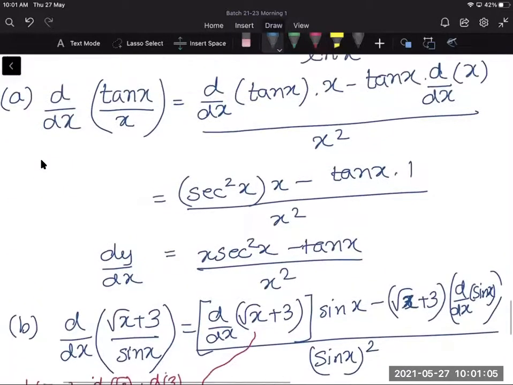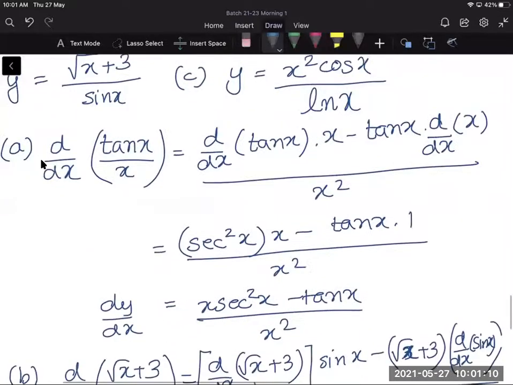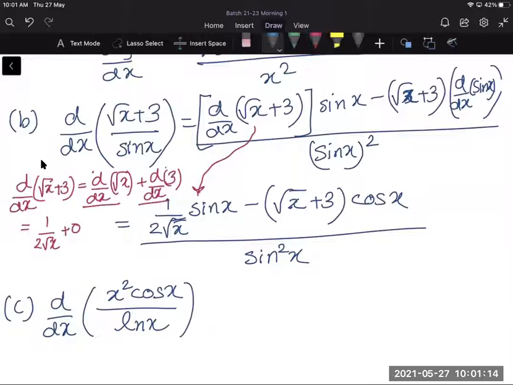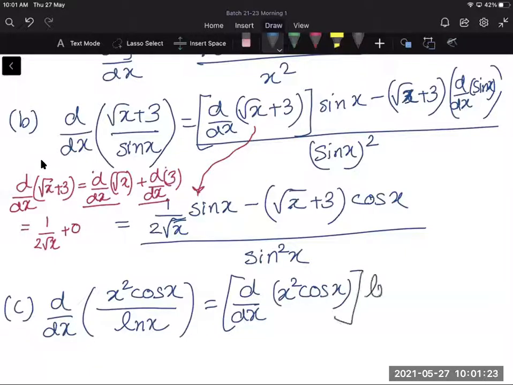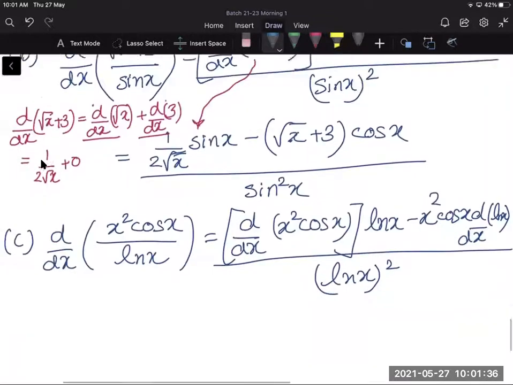थर्ड वाला dy dx of x square cosine x upon ln x is equal to d by dx of x square cosine x multiplied by ln x minus x square cosine x d by dx of ln x whole divided by ln x whole square, right?